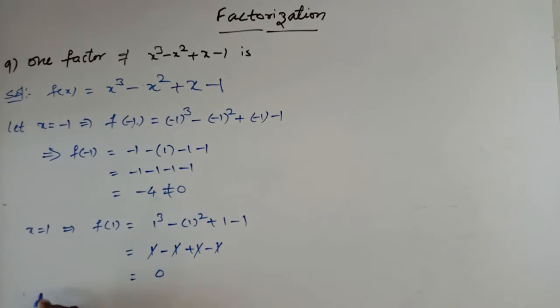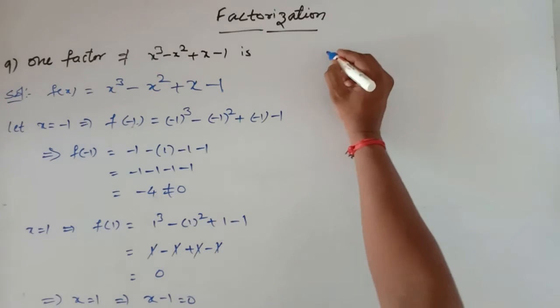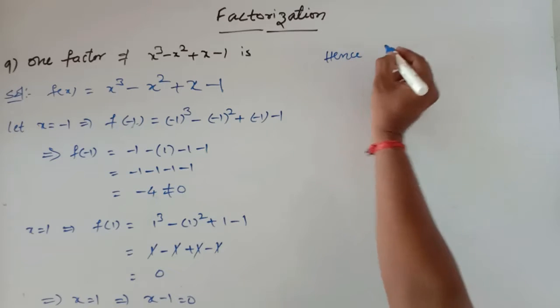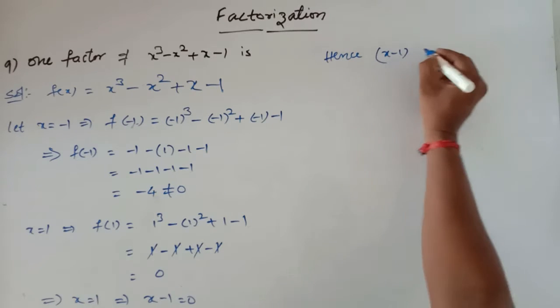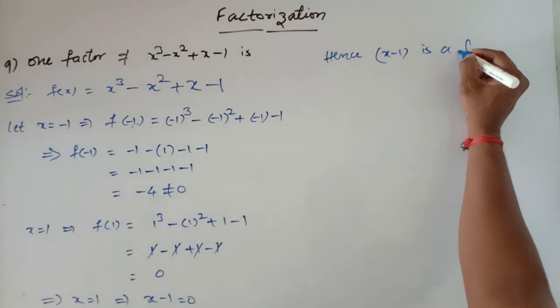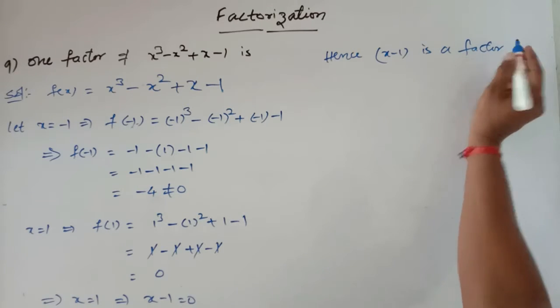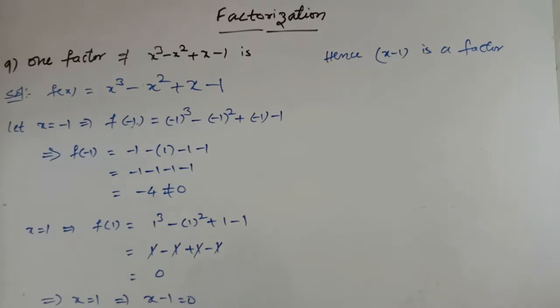That means x equal to 1. Now I am bringing this value to the right side, that's x minus 1 equal to 0. Hence x minus 1 is a factor of the given expression x cube minus x square plus x minus 1.